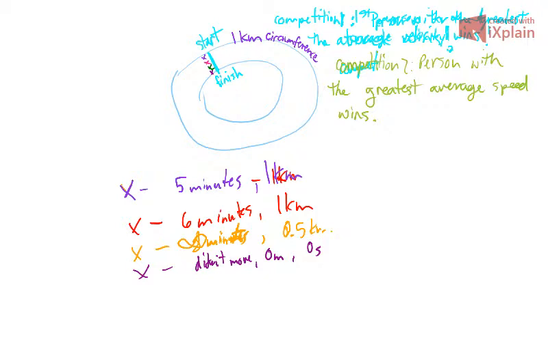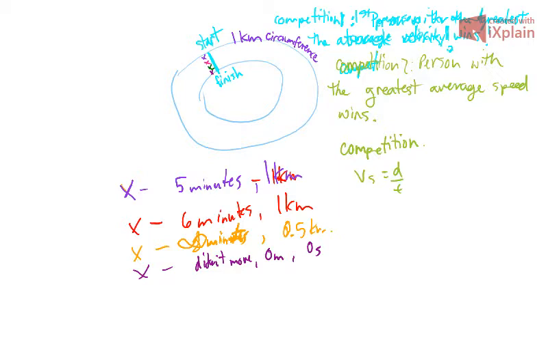So the question is, with these 4 people, who's got the greatest average velocity? Who's got the greatest speed? We're going to judge competition 2 first because it's a little more what you expected. So speed uses distance over time.